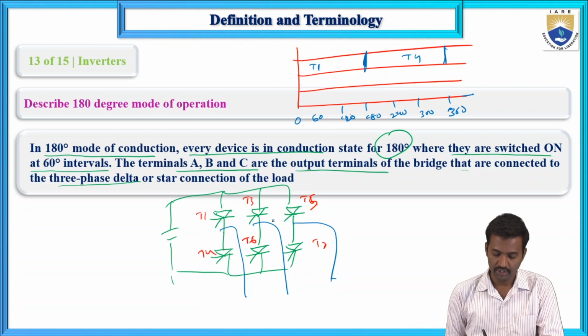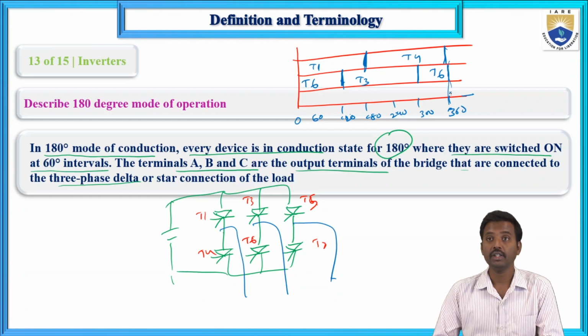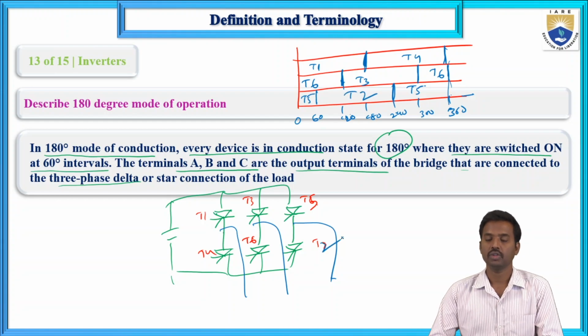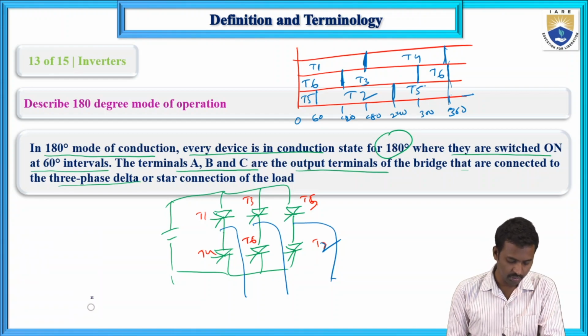Next at 120 degrees, T3 will conduct, and next T6 will conduct up to here. Next case, T5 will start and conduct up to here. Next, this is T2. So now if you see the control scheme here, at a time three thyristors will conduct.